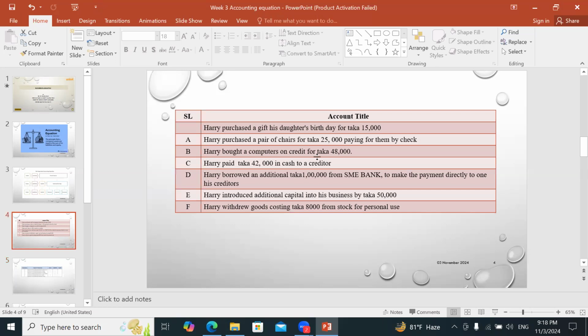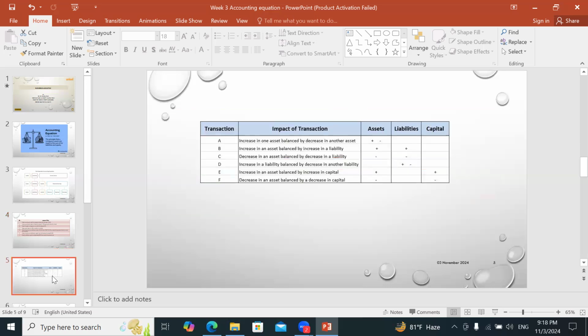Plus. And computer asset, increase or decrease? Increase. So both sides are increase.